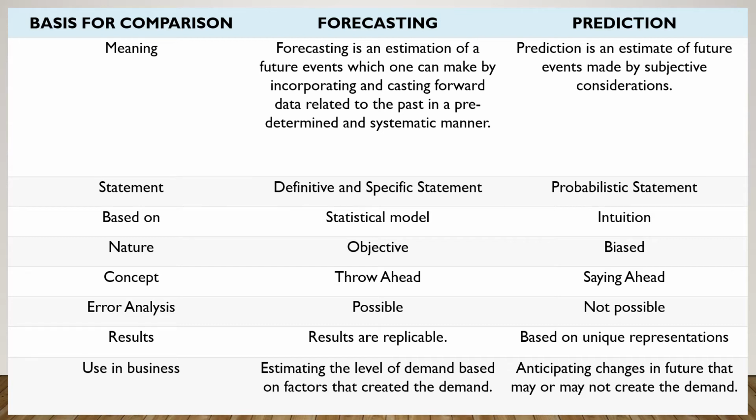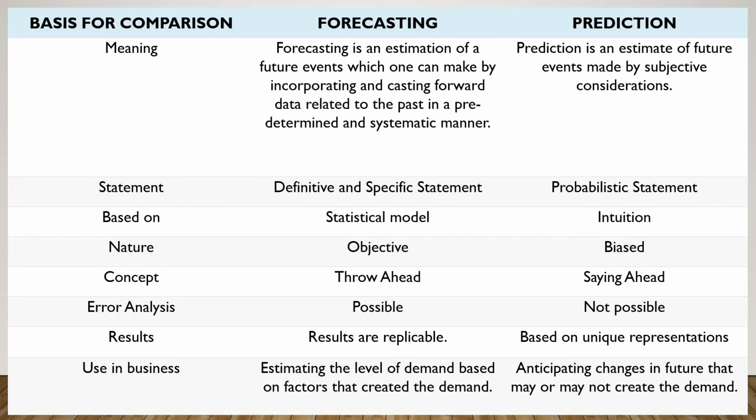So forecasting is a definite and specific statement, but prediction is a probabilistic statement. Forecasting is based on a statistical model, but prediction is just like your intuition. Then the nature of forecasting is objective, but the nature of prediction is biased. Obviously, because it depends upon your intuition, it can be biased because it depends upon your past experiences.